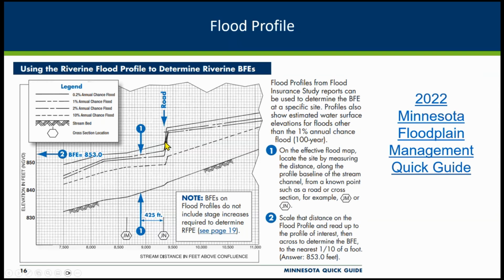This would be the lowest horizontal on that bridge or culvert where you can get through that culvert or bridge. And then note that it's got all the different frequencies here, and it'll have the stream bottom, the thalweg there. It'll have the 10-year, 50, 100, 500. Again, for regulatory purposes, we're using that 100-year, but there's a lot of other good reasons that we want to find that 10-year, 50, or 500-year.